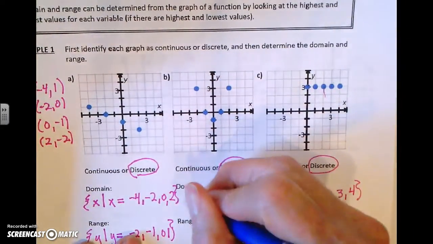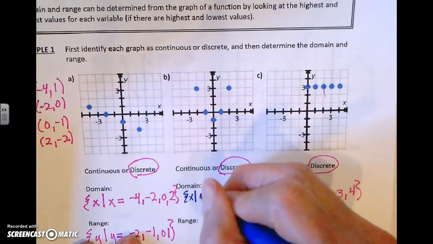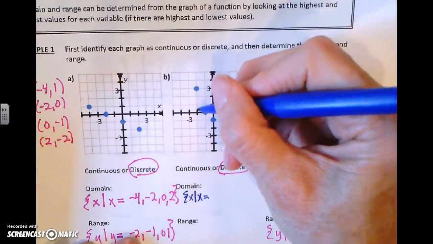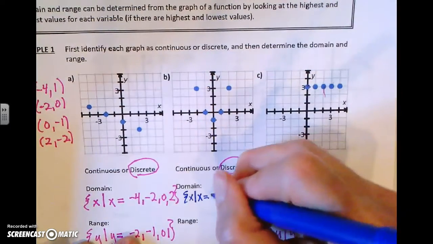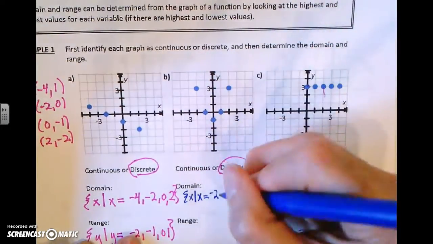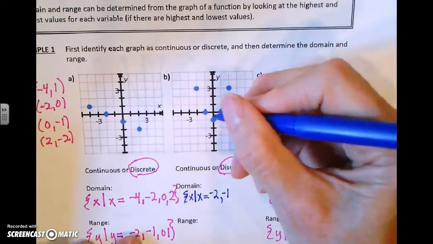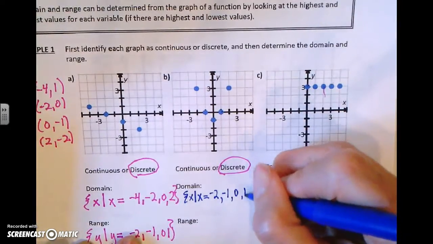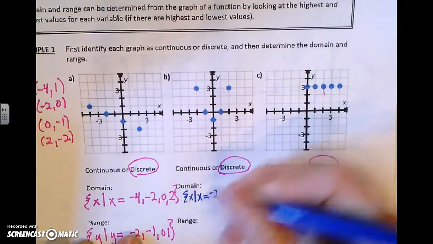So let's again go through, and for our x's, we'll have x such that x is equal to, this first point has an x value of -2. The second one has an x value of -1. The third one has an x value of 0, then 1, and 2.